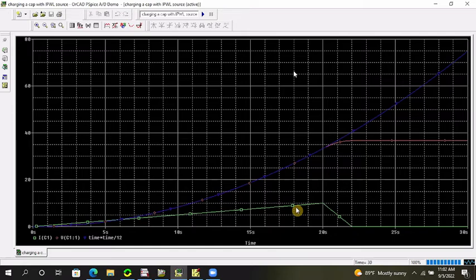That is telling us that the simulated voltage and the equation of the voltage over that time period are the same. But now they're not the same after 20 seconds. Why? Because we did not calculate the voltage for after 20 seconds. So let's do that now.